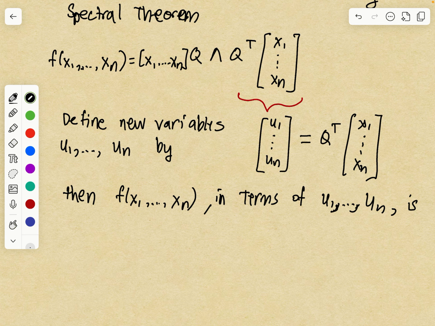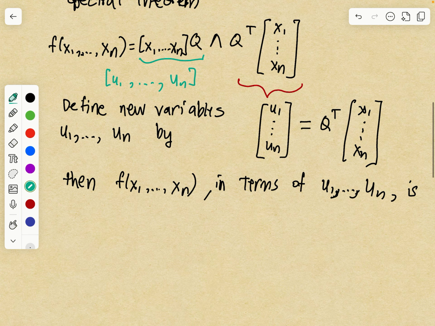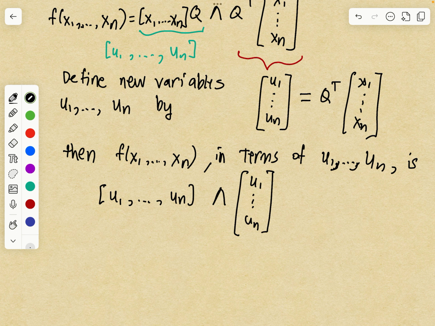And what happens is that this part here is equal to the row vector u1 through un. And so what you get is the row vector u1 through un times lambda times the column vector u1 to un.